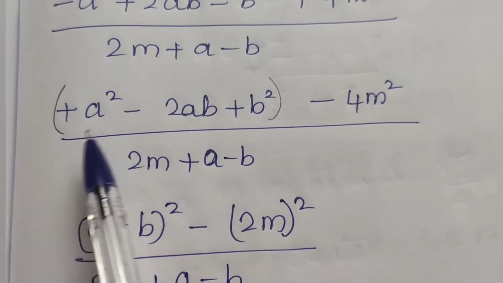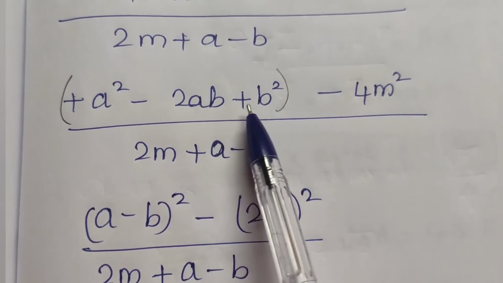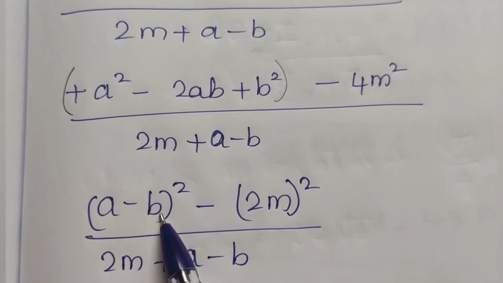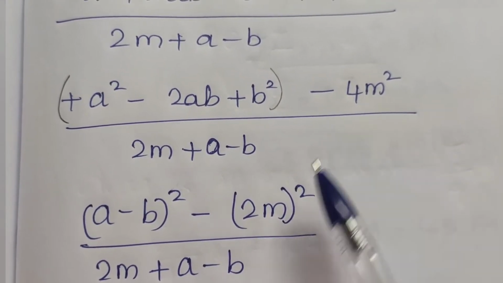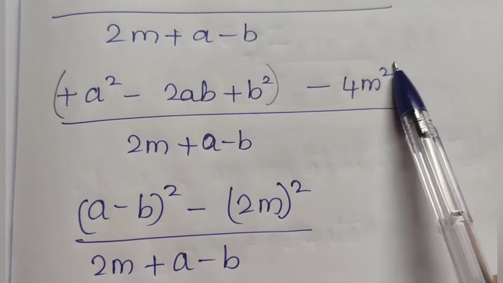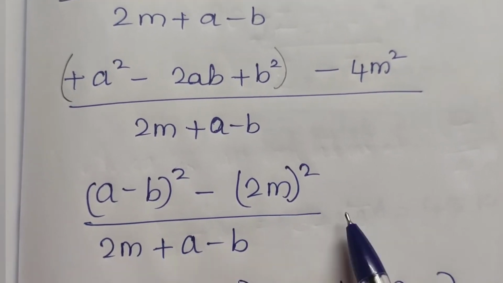So here I am going to group it separately. I get the identity a square minus 2ab plus b square is equal to a minus b the whole square, minus 4m square, which I am writing as 2m the whole square, by 2m plus a minus b.